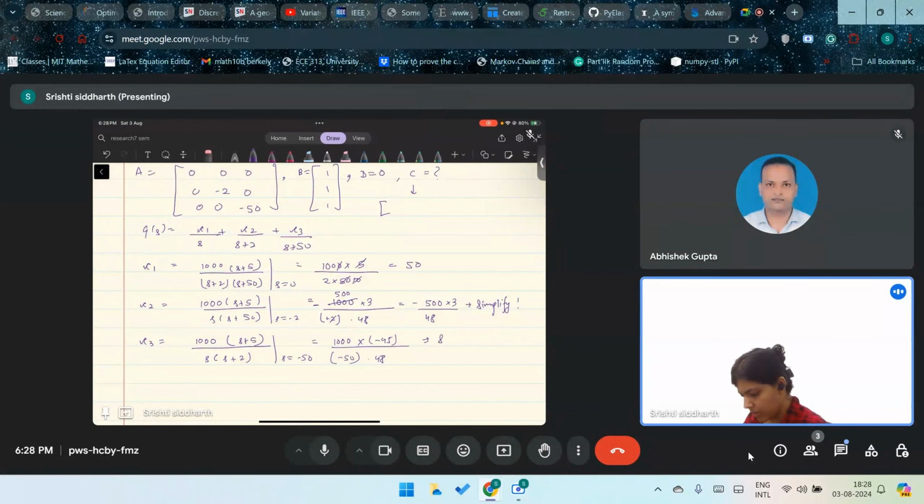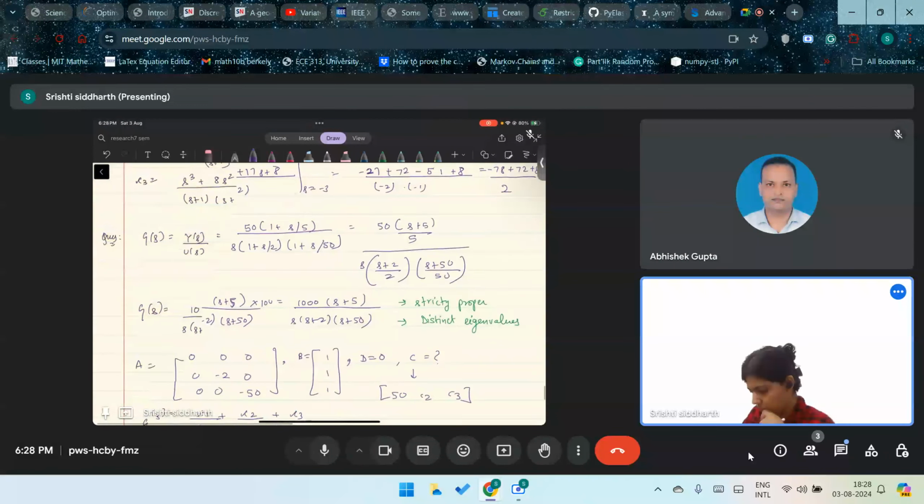And then you can also simplify this. You get 50, the value of C2 and the value of C3. Okay, so I hope this was clear to you.